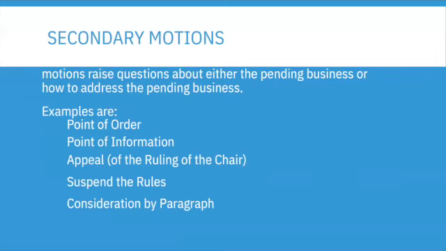Now, there are motions that raise questions about either the pending business or how to address the pending business. Examples are point of order, point of information, appeal, which usually deals with appealing the ruling of the chair, suspend the rules, and then consideration by paragraph. Consideration by paragraph is usually done when you're talking about a revision to your bylaws or your constitution.